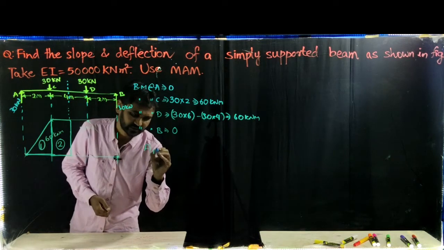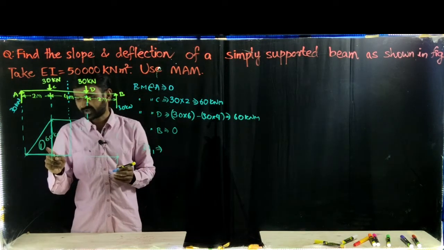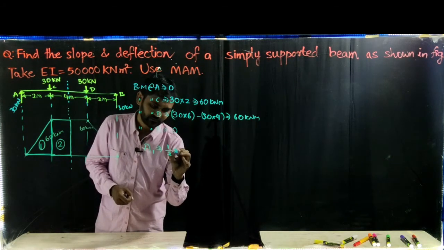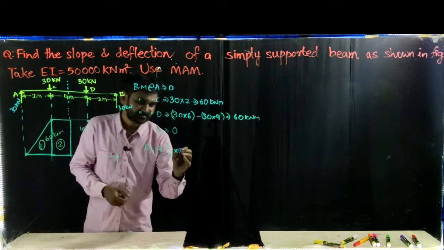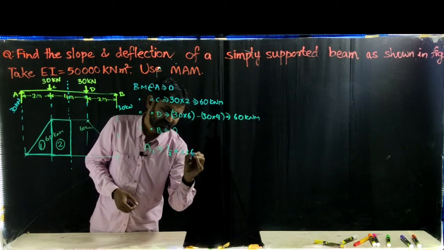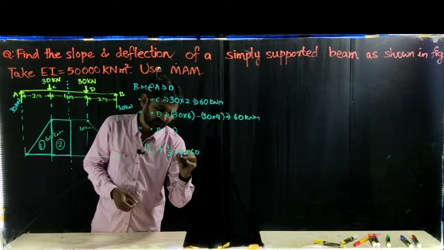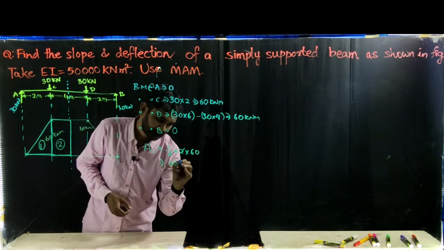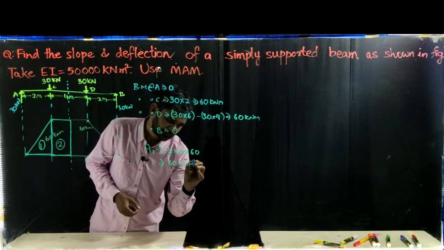Now A1 in the sense area of the triangle. So this is a triangle, so it is half into base, 2 meters, into height, 60. So the 2 gets cancelled. So this is 60 kilonewton meter square.